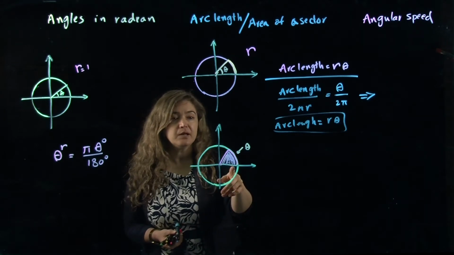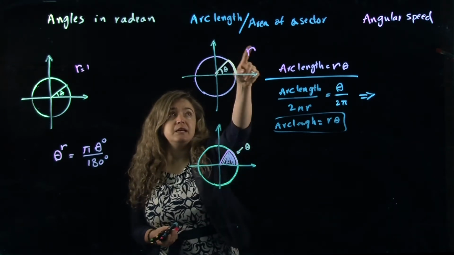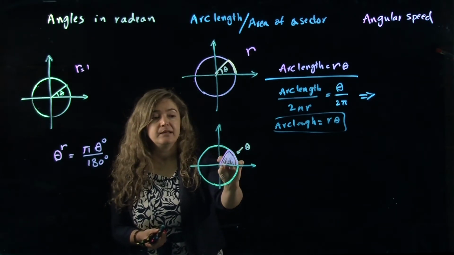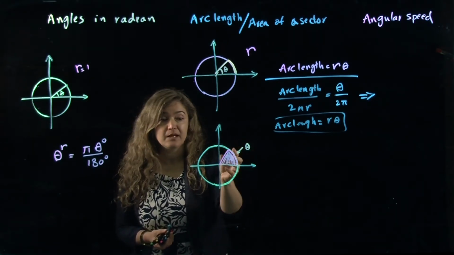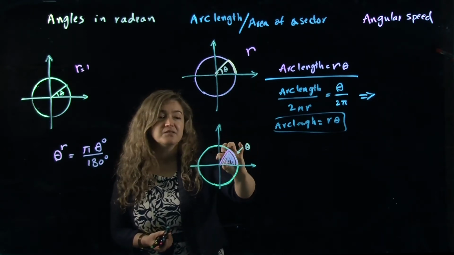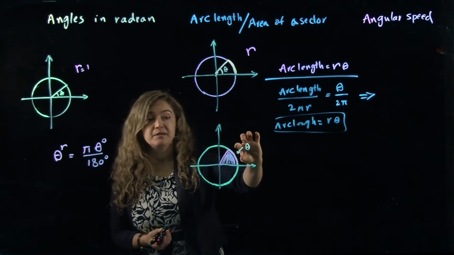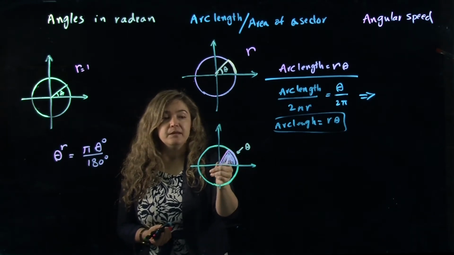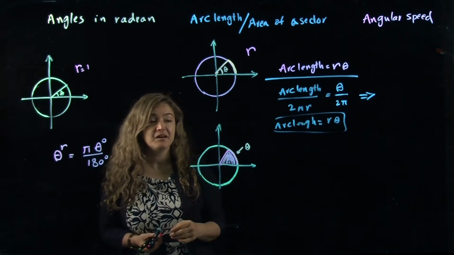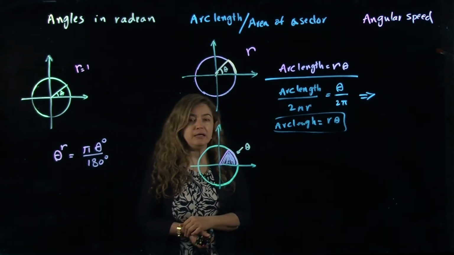In here, we're trying to figure out the area of the sector. Basically it's like a slice of a pizza. So the area of that slice of the pizza, where the angle of that slice is theta, what would that be?